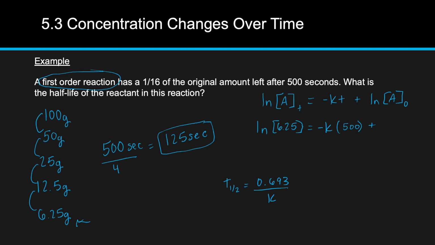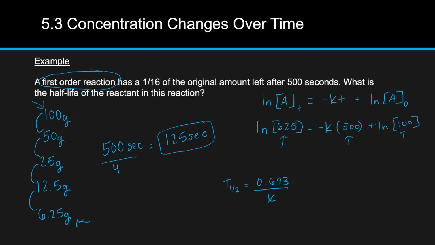And then our initial is going to be 100. So we're starting with 100. Okay, so we were trying to find the half-life at 6.25, so that's what we were putting in for our y value. At 6.25, we know it's at 500 seconds. And then for our very initial amount, we know that we're starting with 100 grams, so we plug that into B.